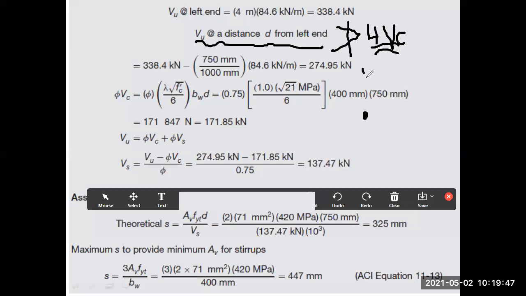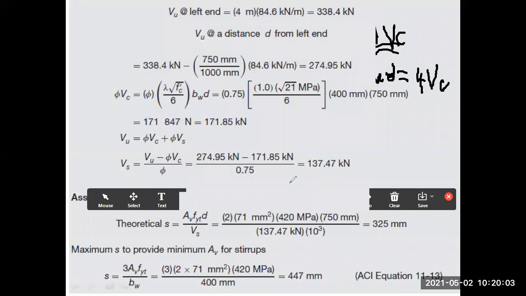So if VU at D is equal to, for example, 4 VC, do we need to modify the shape?